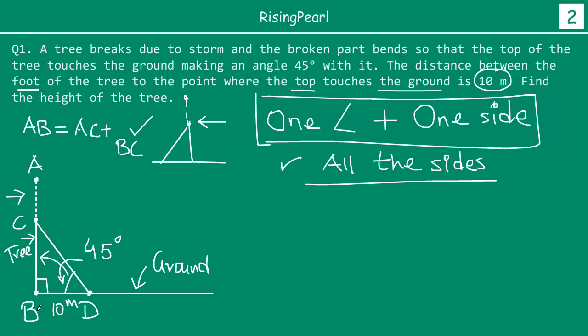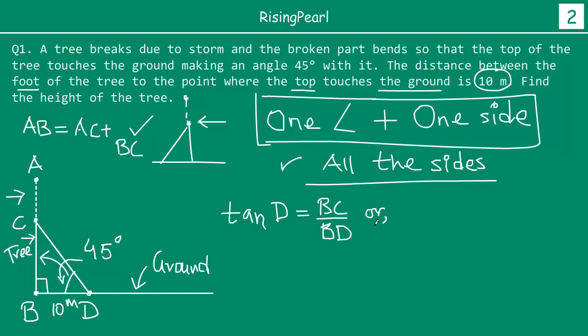Because for angle D, BD is the adjacent side. Opposite side, adjacent side, well, that relationship is tan. So tan D is going to be BC divided by BD.